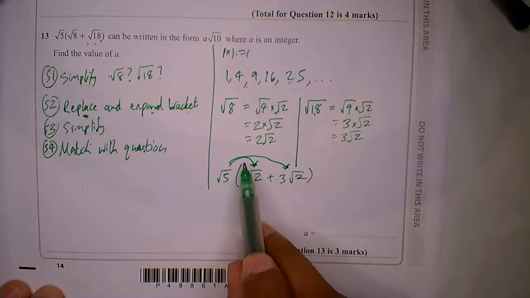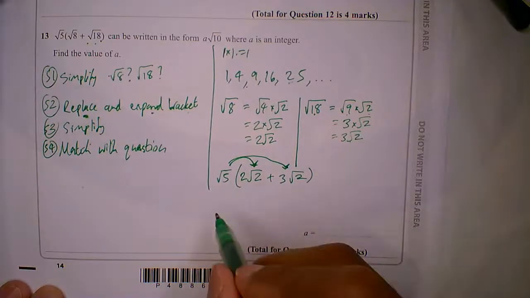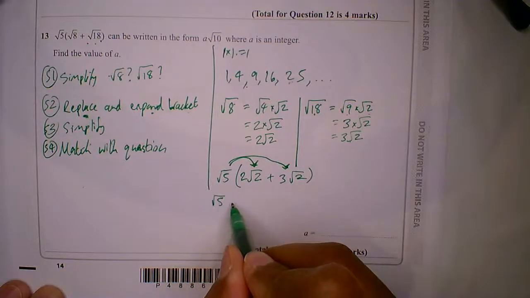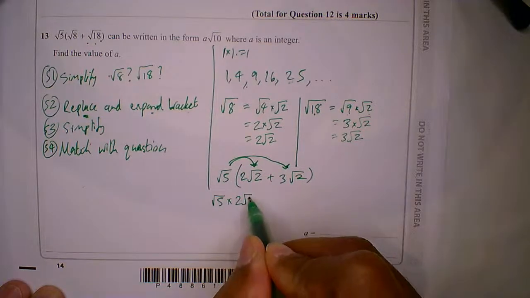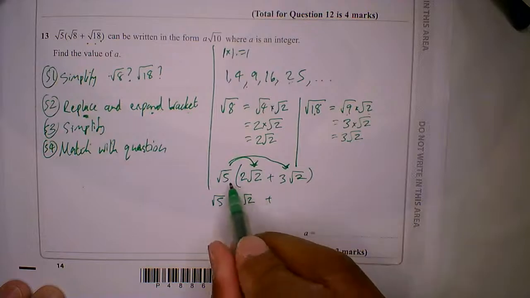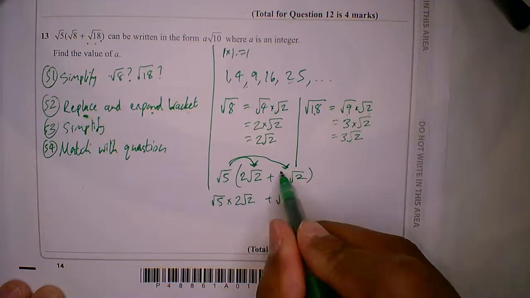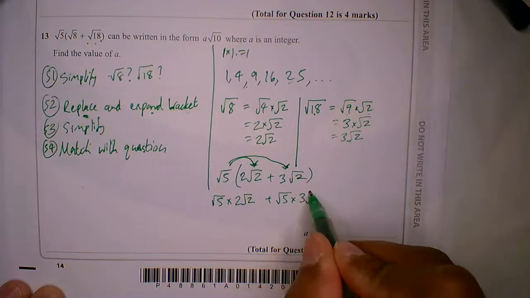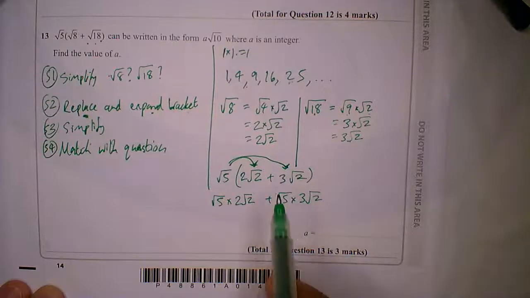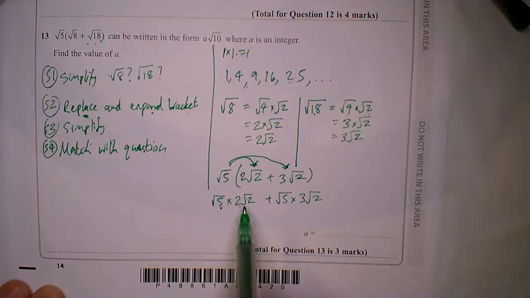So I've got root 5 times 2 root 2, plus root 5 times 3 root 2. So I can put the roots together.